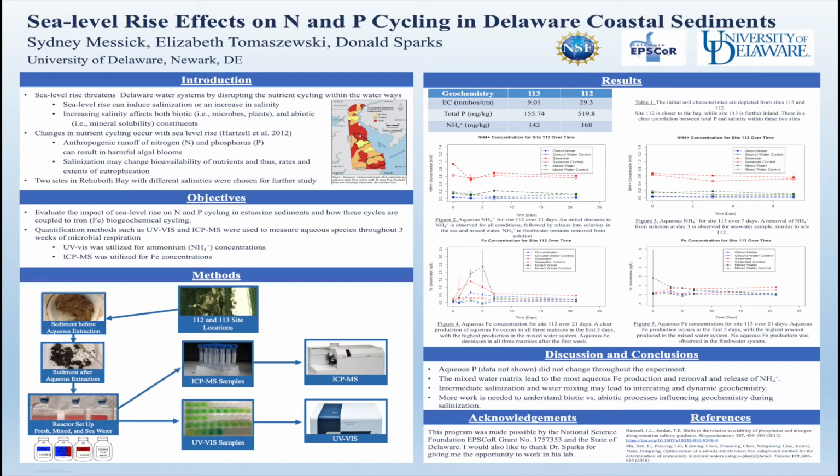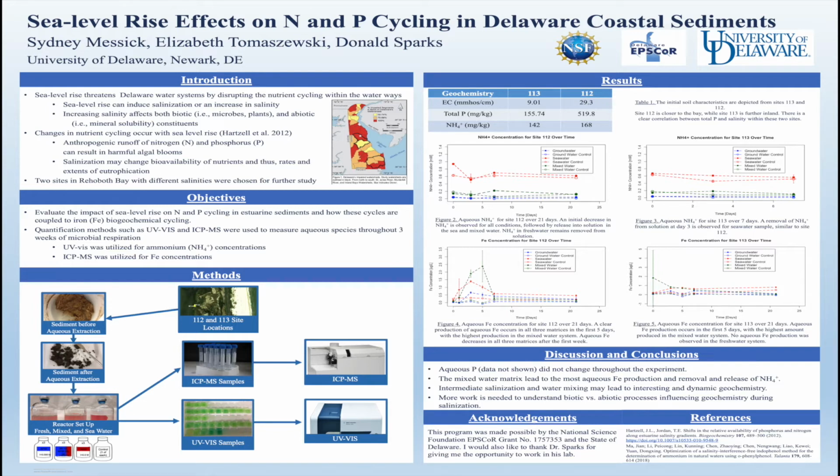With the ICP-MS sampling, we looked at iron concentrations within these reactors at different time points, and using UV-Vis, we looked at ammonium concentrations at different time points in these 3 different types of waters.